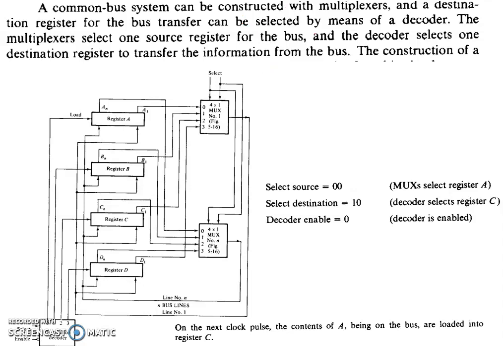So 4 registers are there, and 2 multiplexers are being used over here, both 4x1 multiplexers. The 1 bit of all the 4 registers will be connected to one multiplexer, let it be multiplexer 0, and the n bit will be connected to the second multiplexer, multiplexer 1.